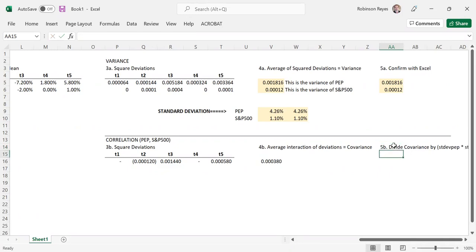And there we go. So what we have to do is just divide this covariance that we got here by the multiplication of the standard deviations, which we already have here for each one of the assets.